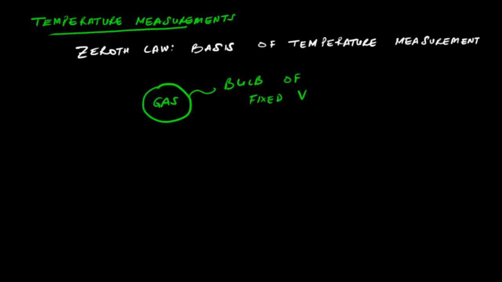Whenever you bring this bulb filled with gas, having diathermal walls, in thermal contact with another system, the volume is fixed in this case, but the pressure is going to change. And if we have means to measure that pressure change, then pressure can be used for temperature measurements. That means in this case we say that pressure is the thermometric property.